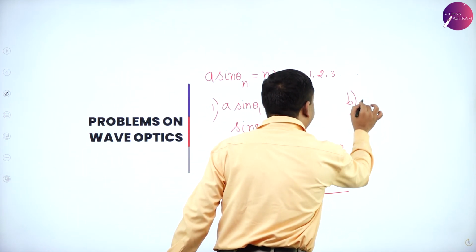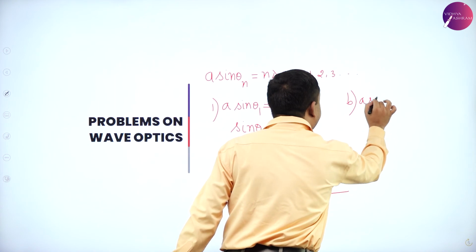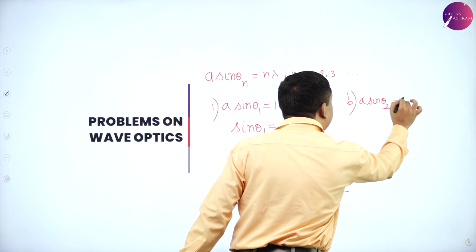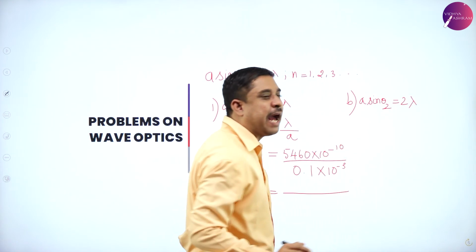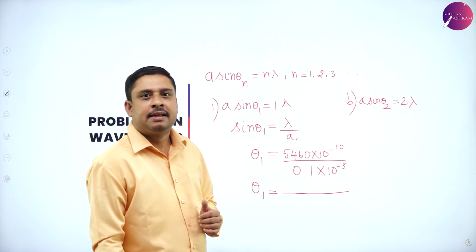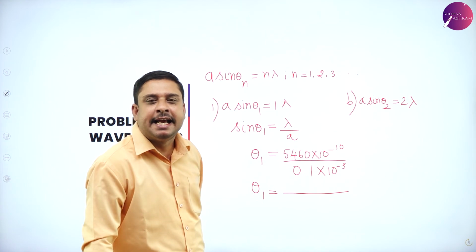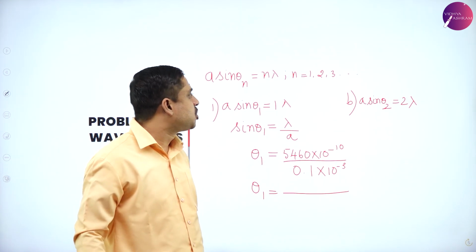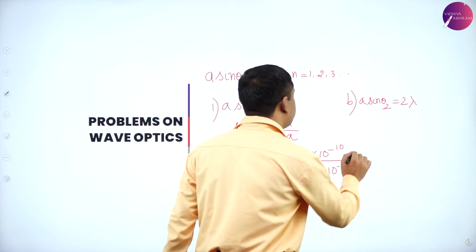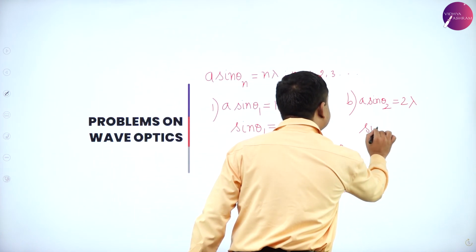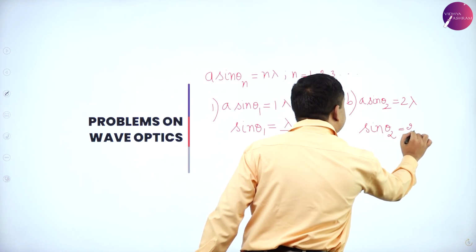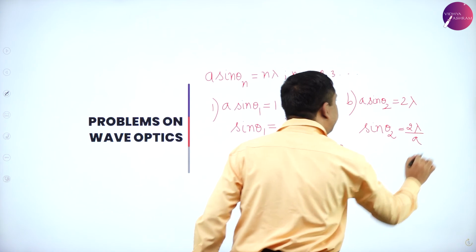The second one, a sin theta 2 is 2 lambda now. The second case, it is the secondary angular position, which means sin theta 2 is 2 lambda by a.